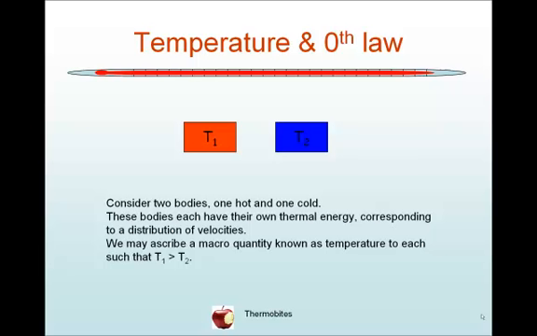As a measure of this distribution of velocities, we may ascribe a macro quantity, meaning that we don't care about the micro details. And this macro quantity we refer to as temperature. And so the hot body has a large temperature T1, which is greater than the temperature of the cold body, T2.